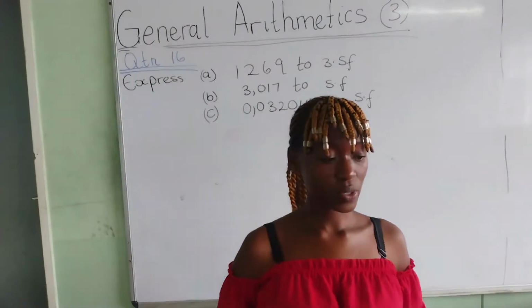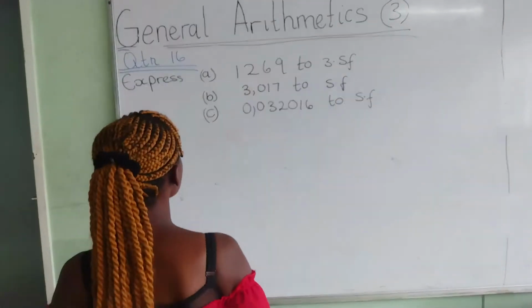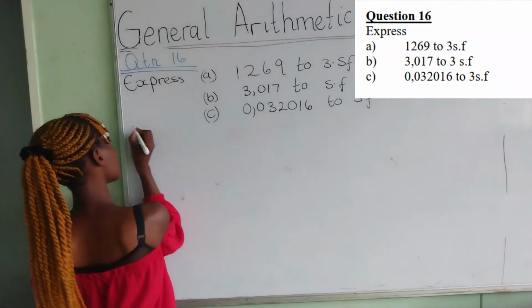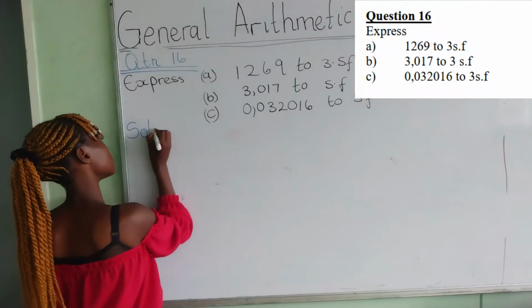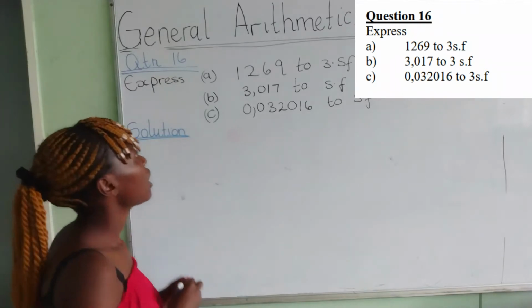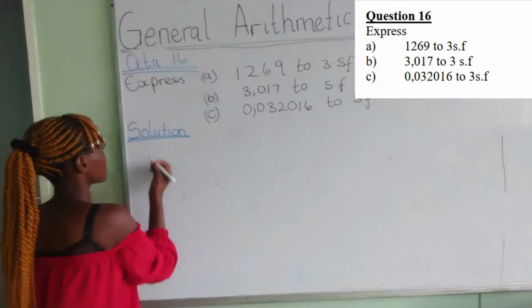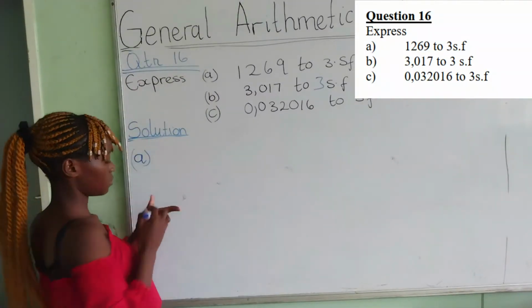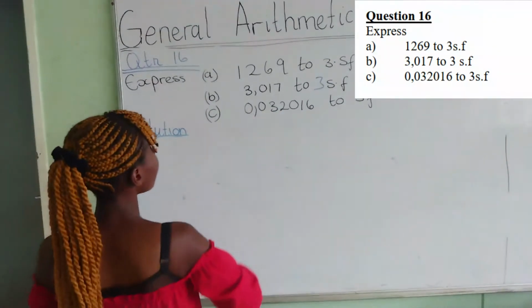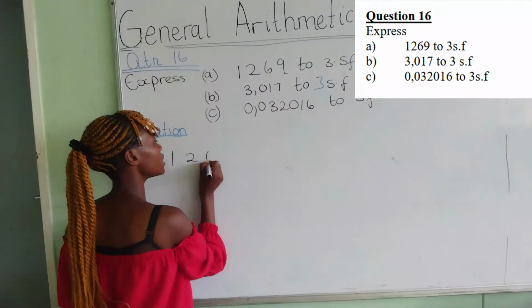Okay, so I'm going on question 16 and it's now on significant figures. The first question is: express 1.269 to 3 significant figures. So our solution is 1.269 to 3 significant figures. 1, 2, 6, 9.